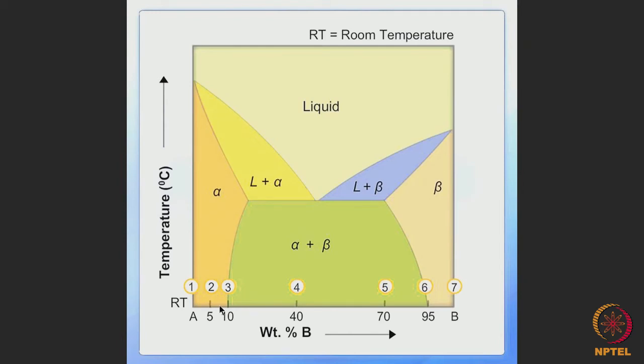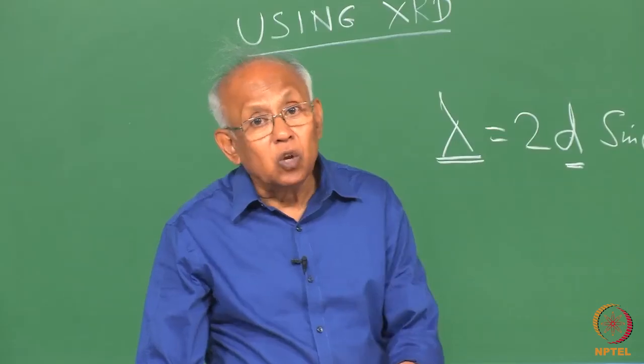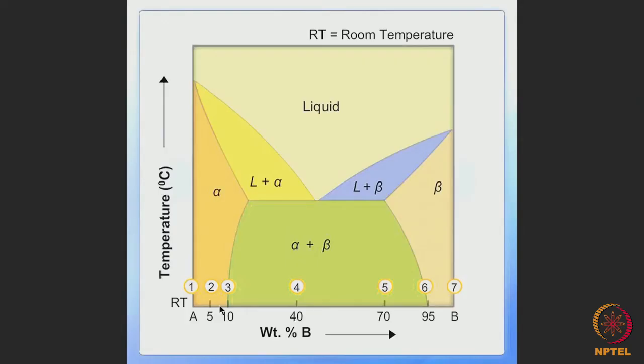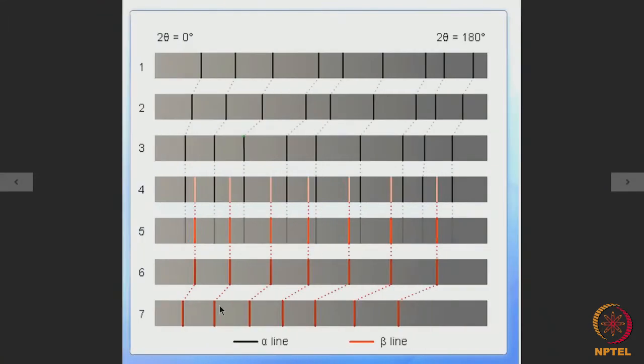That means the lines will be shifting towards lower theta, as we have already seen. So you will see that when we are alloying with B for the phase alpha, how these lines are shifting to lower theta, and this goes on till the alloy 3.